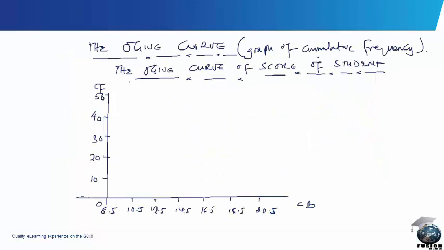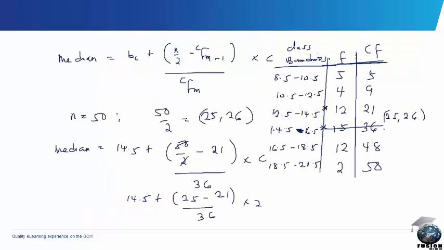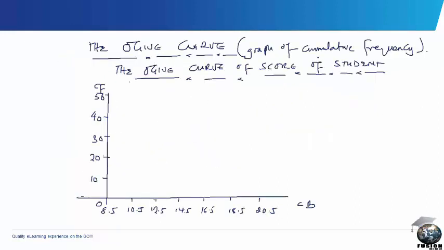And so for the cumulative frequency, at 8.5 to 10.5 we had 5, and the next 9. Then at 10.5 to 12.5 we have 9. You can check your slides and write down the figures before we start.